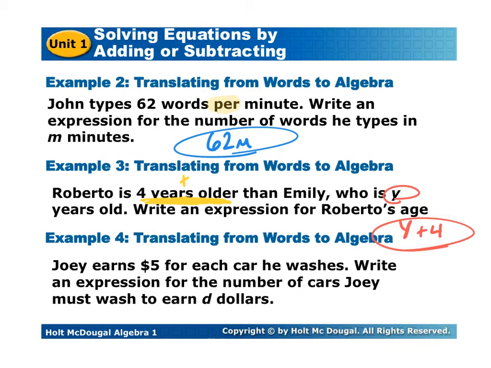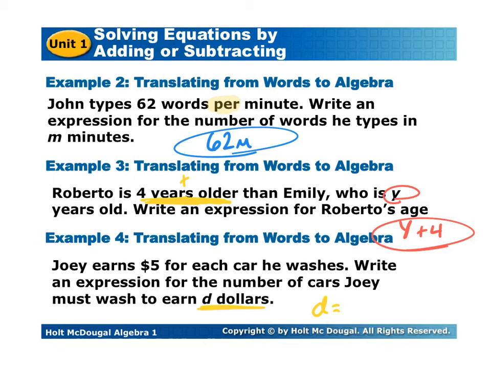Okay. So setting this up, you're actually going to use two variables. The first one we know we're going to have to use is D in dollars. We know we're trying to figure out how much he would make for D dollars. Well, what do we know from what they told us?